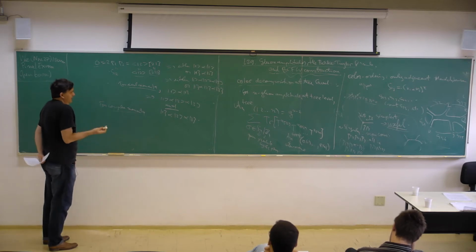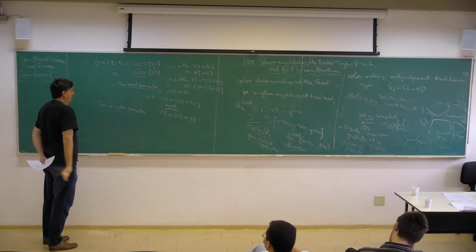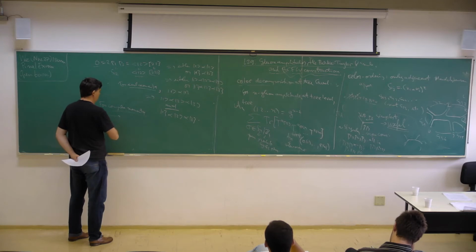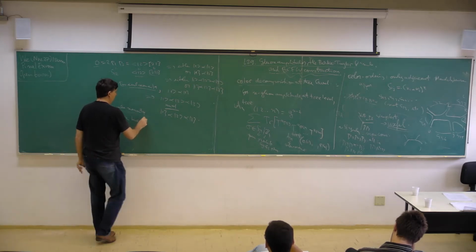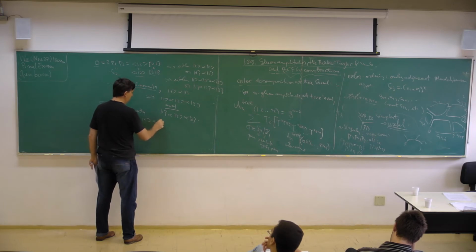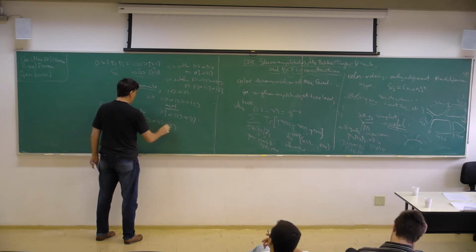But now let's consider, just generalizing to arbitrary complex momenta. Then we can have 1 proportional to 2 proportional to 3, but not 1 proportional to 2 proportional to 3.